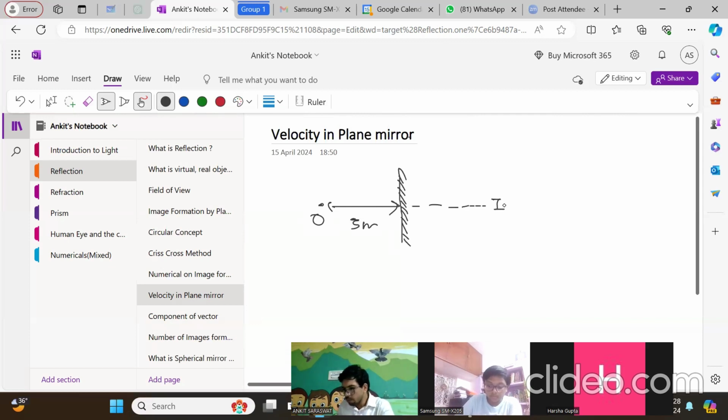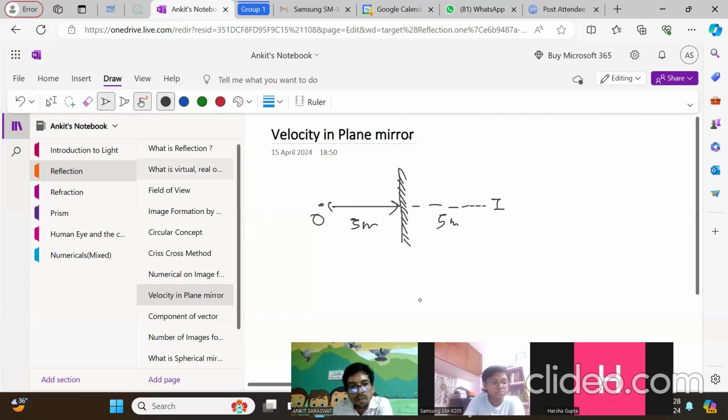Is it clear to you? So if the object is 5 meter, then the image will be 5 meter.